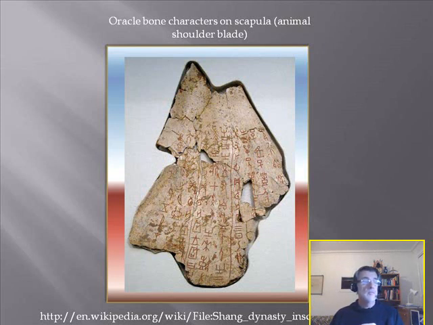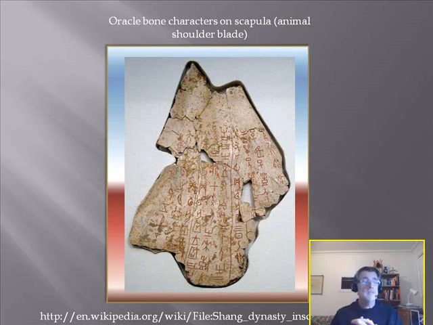And of course bone and tortoise shells in their day were quite good materials for writing on or carving characters on, because they were relatively soft and they could be preserved for relatively long periods of time.